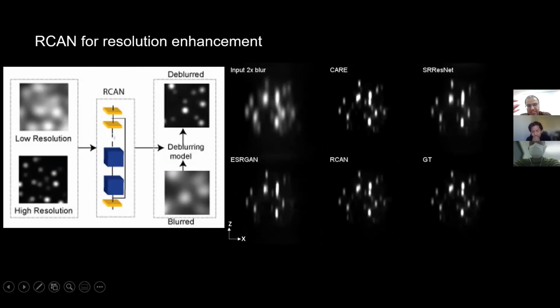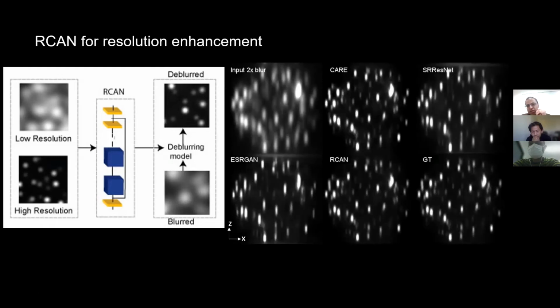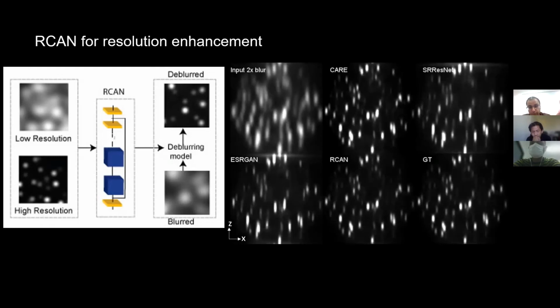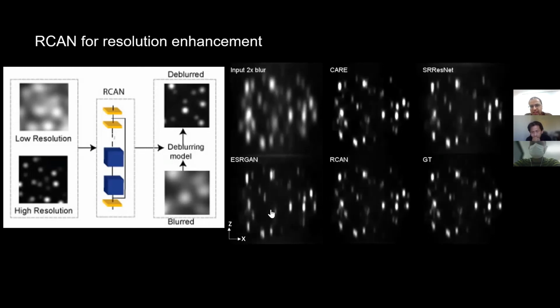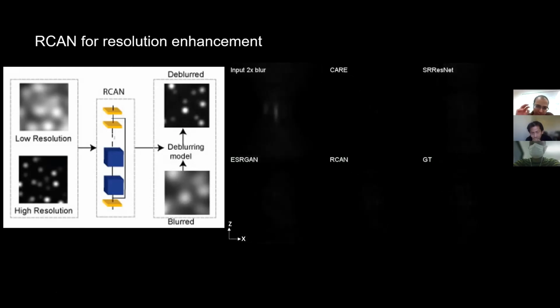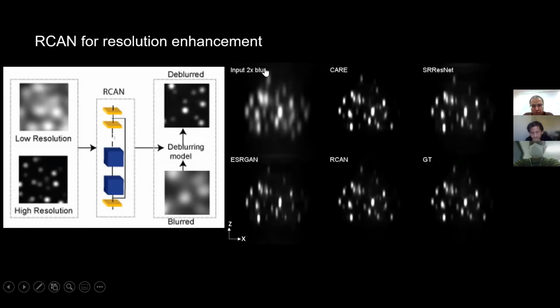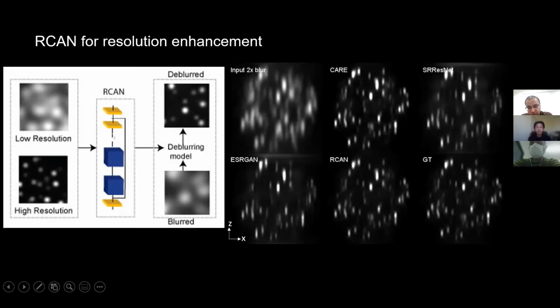And what we find is that if you blur with a kernel that is twofold larger than the point spread function, all of these neural networks do a fairly good job. The CARE and the RCAN might be a bit better than the ESRGAN and the SSRSNet, but broadly speaking, they all do a pretty good job. You give it this blurry input over here in the upper left, and then they all give you an output that is pretty close to the ground truth.